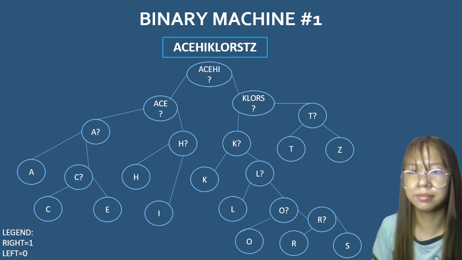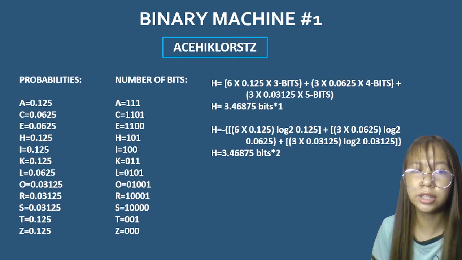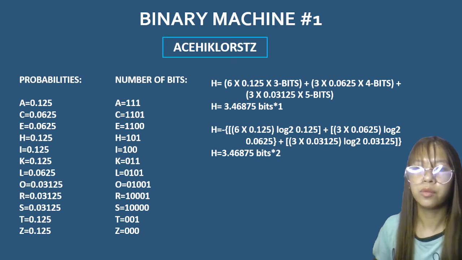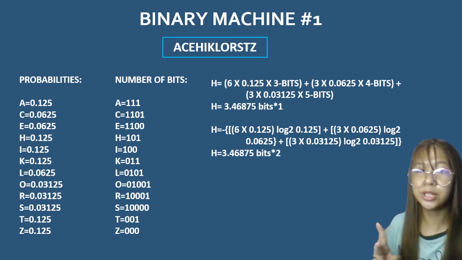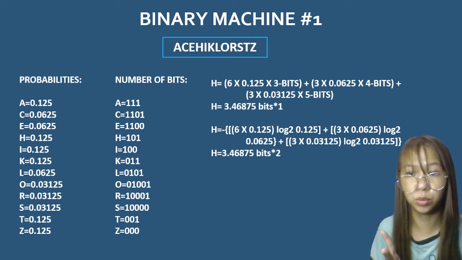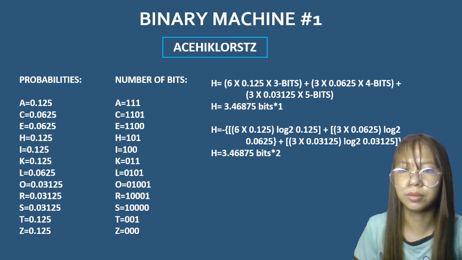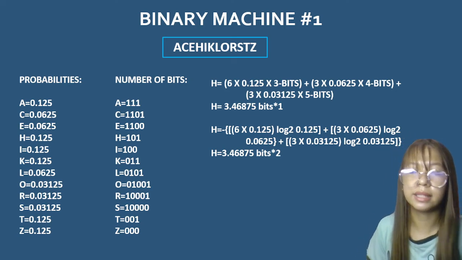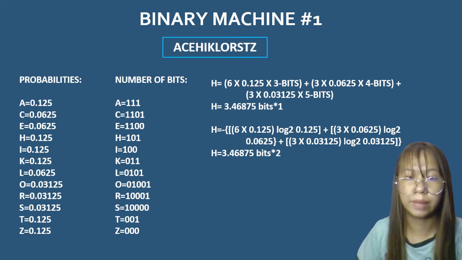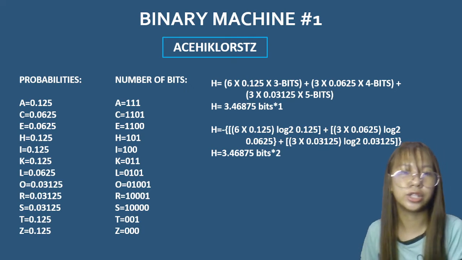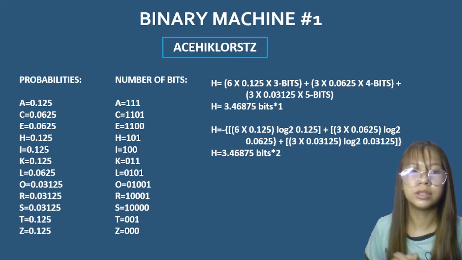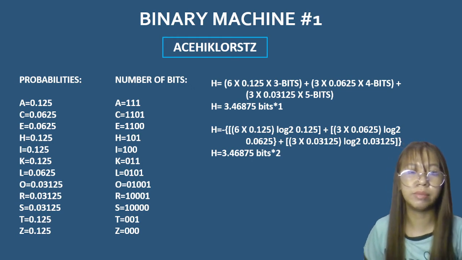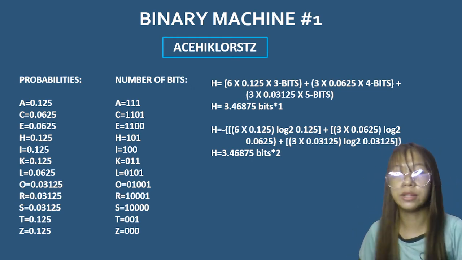Here, we are going to discuss two binary machines, binary machine number 1 and binary machine number 2. The probability of letter A is 0.125, the same with I, K, T, Z, and also H. All in all, we have 0.125, or 3 bits, wherein the number of bits is 111.